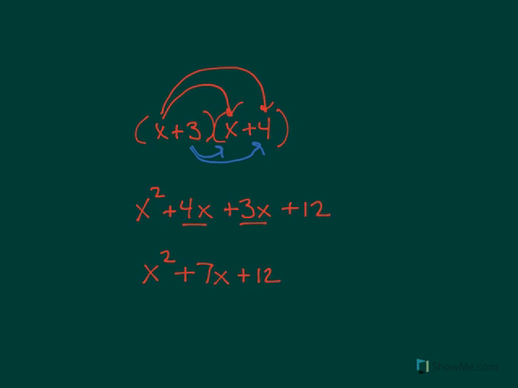So what we basically have here is two different forms of the same expression. The top form, the one that we started with, we would call the factored form, because it's expressed as two factors being multiplied against each other. The first factor is the x plus 3, and the second factor is the x plus 4.